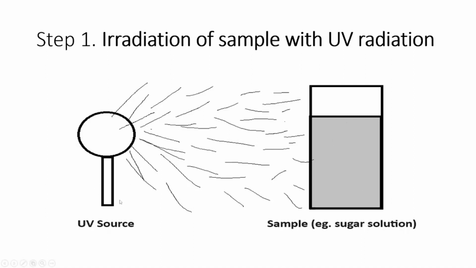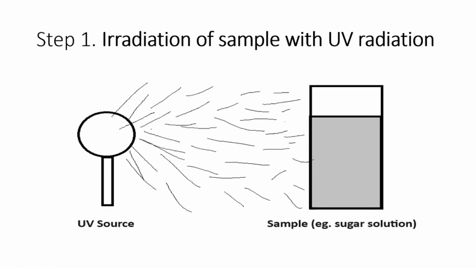A UV source. This round structure represents our UV source, and the dashes represent our radiations. So the UV source has emitted its UV radiations on the sample. This is what we mean by irradiation.